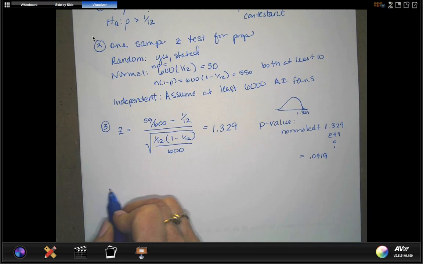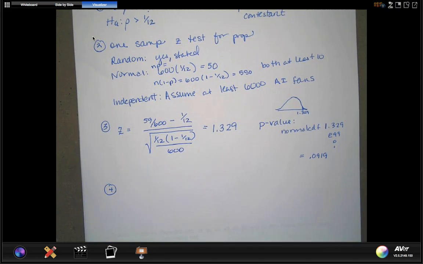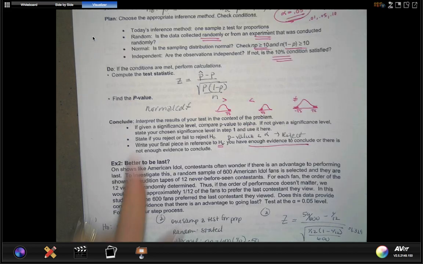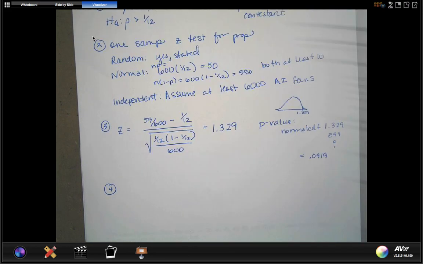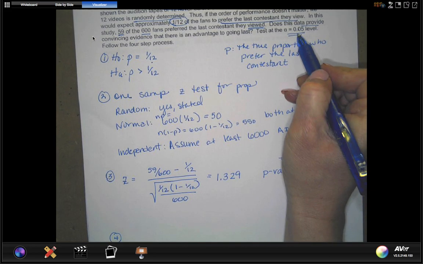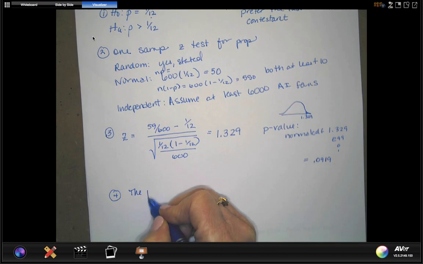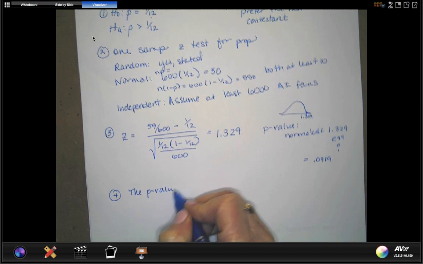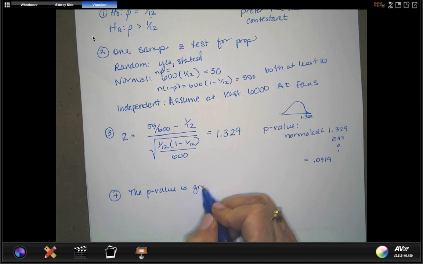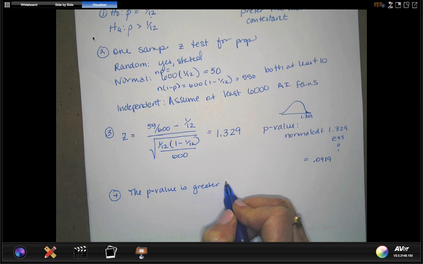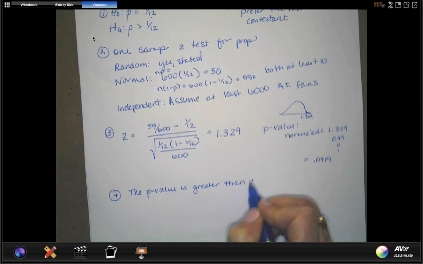All right, my step 4. Again, I've given you just a set of rules here to use. So compare your p-value to alpha. In this one we have an alpha level, and in this one, the p-value is greater than alpha.